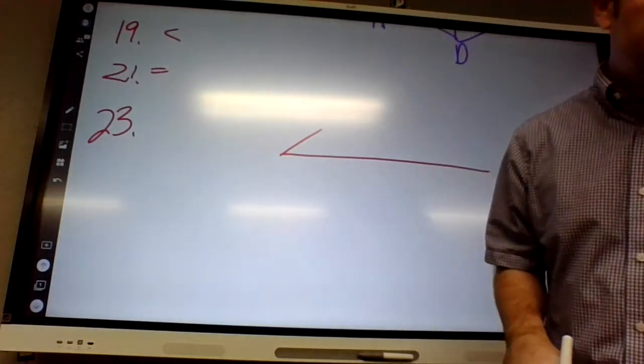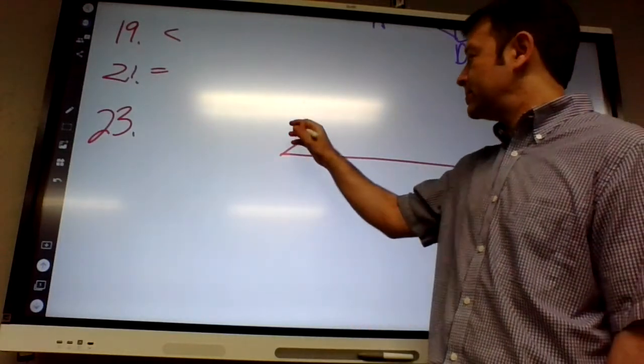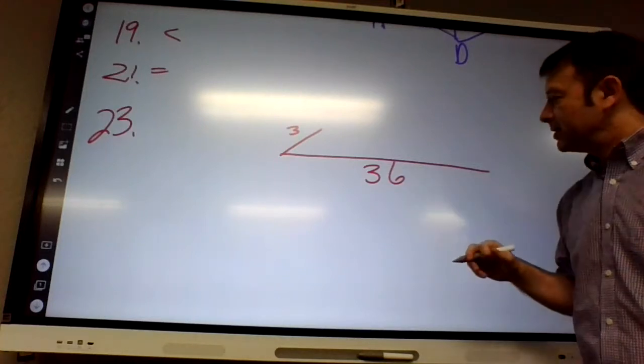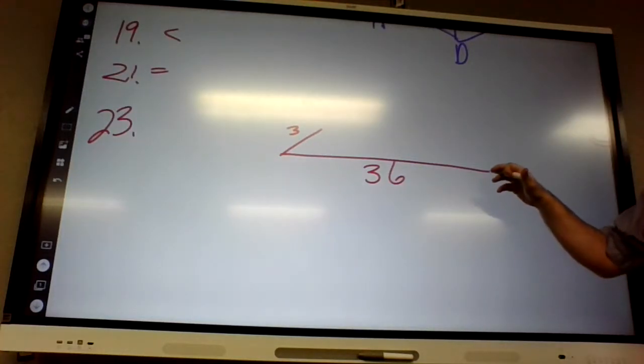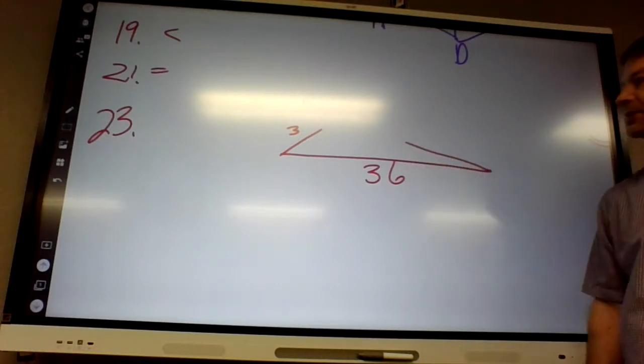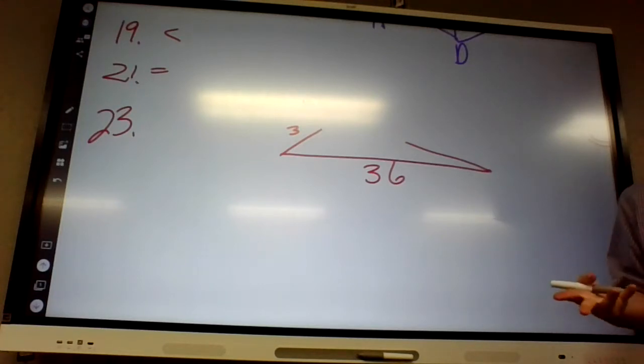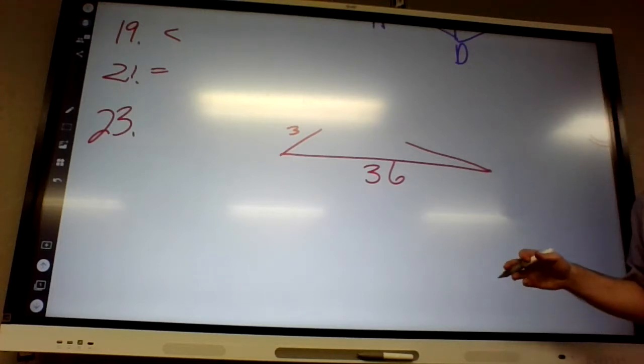So we got one side that's 3 and one that's 36. How long must this third side have to be? Well, it could be 33.1 or something. So it's gotta be bigger than 33, right?